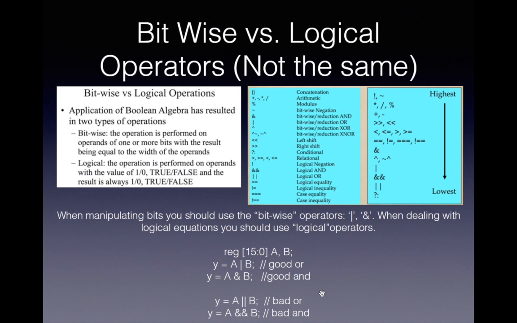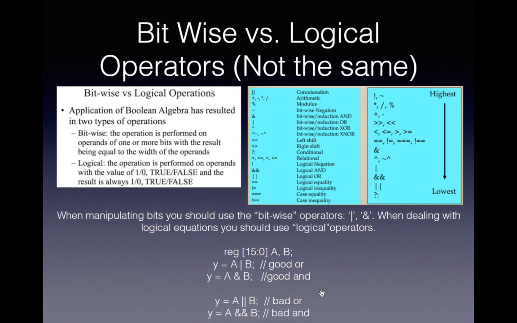You can see coming down the left-hand column of the blue page there: bitwise negation, bitwise AND, bitwise OR, bitwise exclusive OR, bitwise exclusive NOR. All these allow you to perform what I call bit twiddling on bits. Very straightforward. Most of us know exactly what's going on.